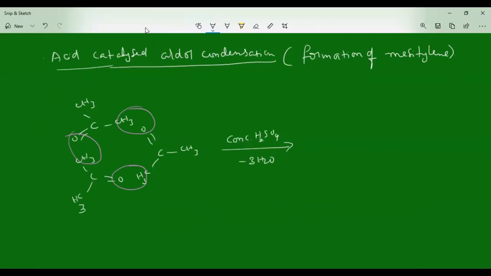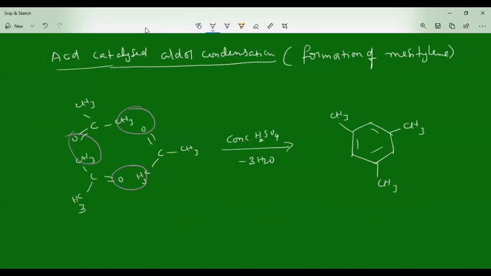After that, we're going to get a cyclic benzene ring type of structure that is called mesitylene. Benzene ring will be written, and 3 methyl groups present at the alternate positions on the benzene ring.